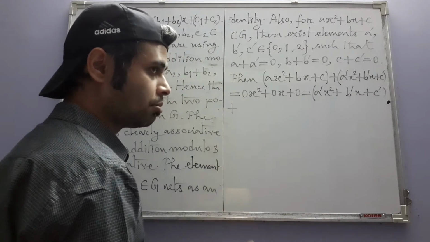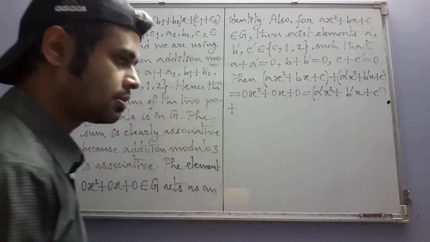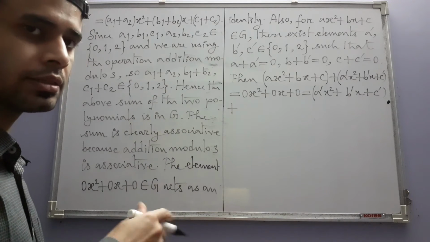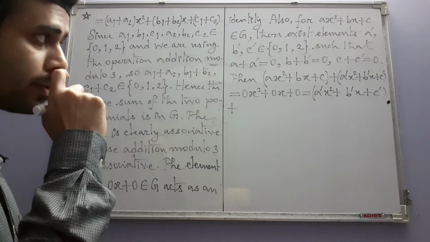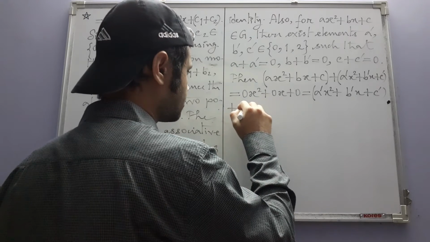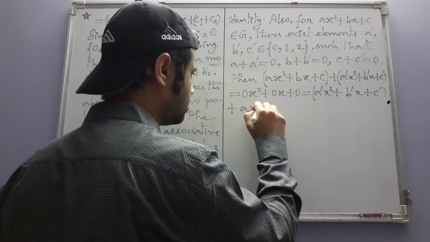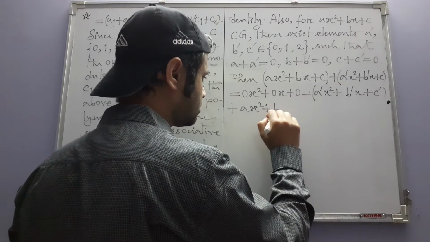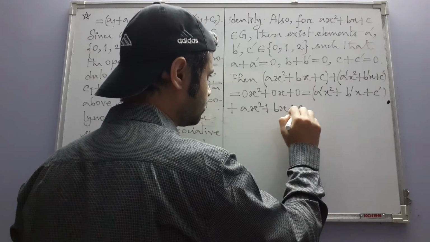Don't forget to show both the things when you are showing that a system is a group, because unlike this case, in some cases the operation may not be commutative. In this case it is. So there is really no need to write both the things here, but still I am writing.